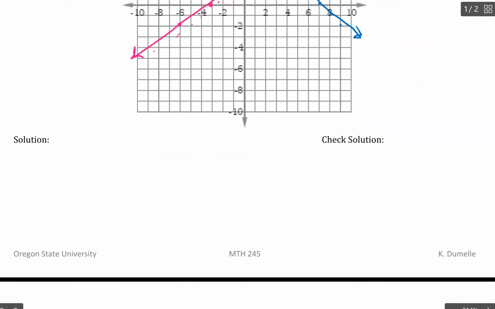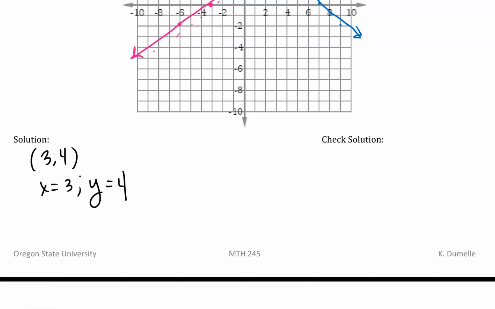Don't believe me? Let's try it. So our answer, our solution is 3, 4. You can write it as a point, or you can write it as x equals 3, y equals 4. Just to make sure we did it all right, we always want to check our answers. So that means we need to plug 3, 4 back into equation 1 and back into equation 2.